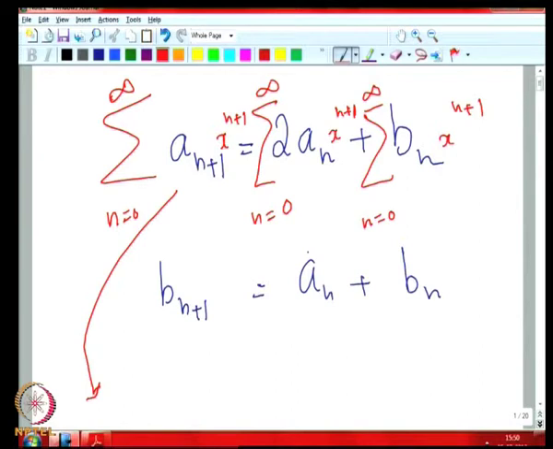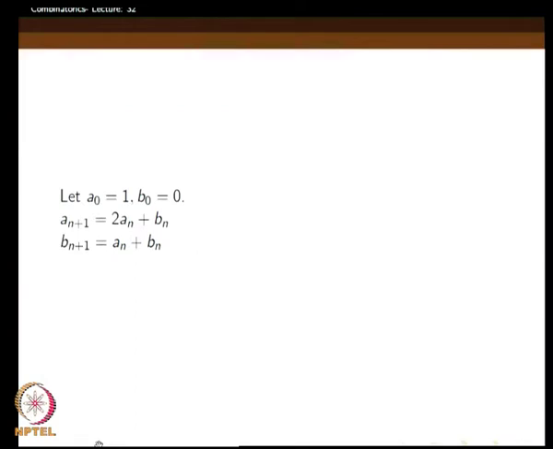Therefore, this is not really A of x, but it is A of x minus a0 into x raised to 0, but a0 is given to be 1.